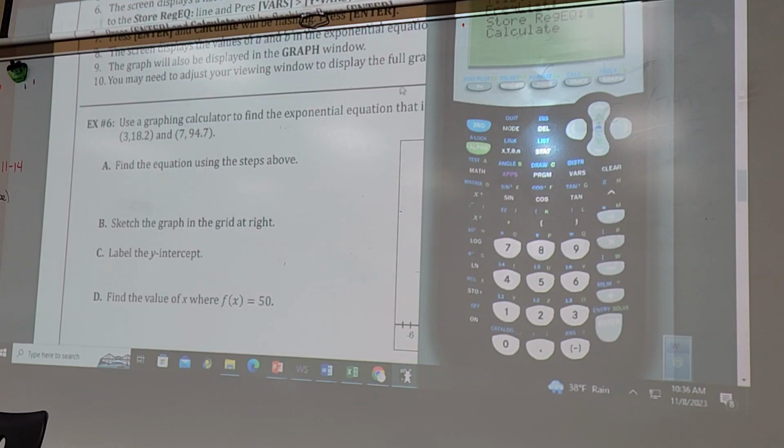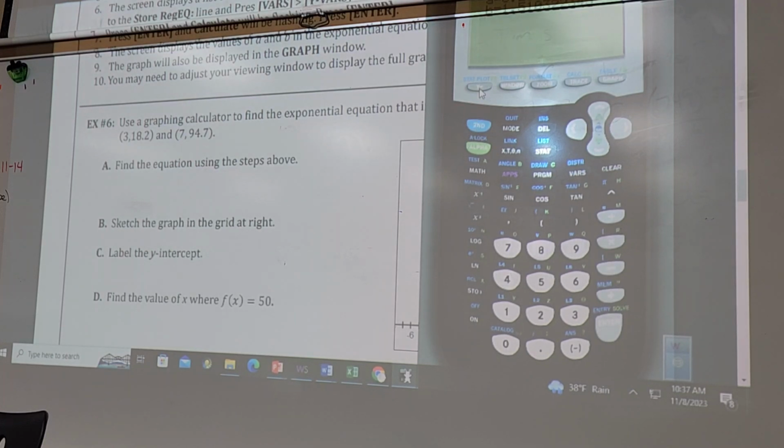Oh, I have to hit vars. Okay, so I hit vars, y vars, function, y1. Ta-da! So it gave me the equation, right?